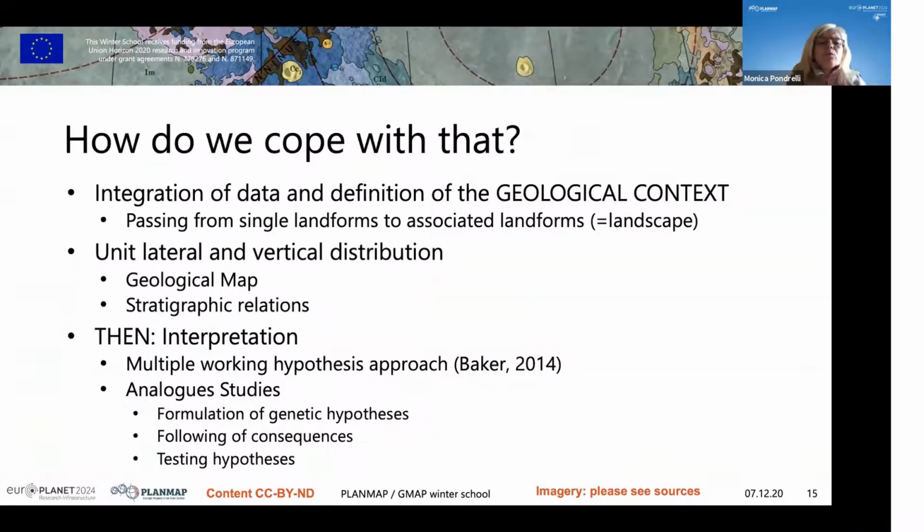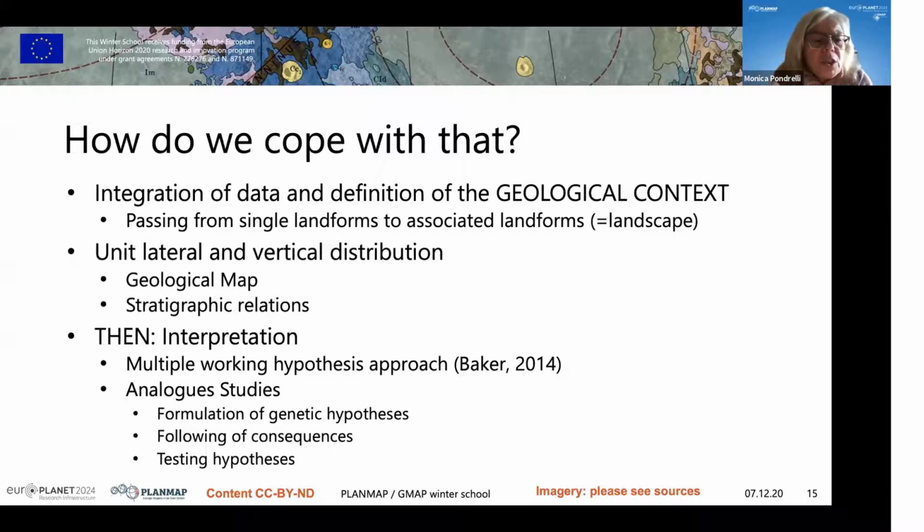So how can we cope with such problems? The only way is to integrate all the available data and define clearly a geological context. Defining a geological context means switching from the analysis of the single landform to the analysis of associated landforms, a landscape, which provides a tool to constrain the interpretation.